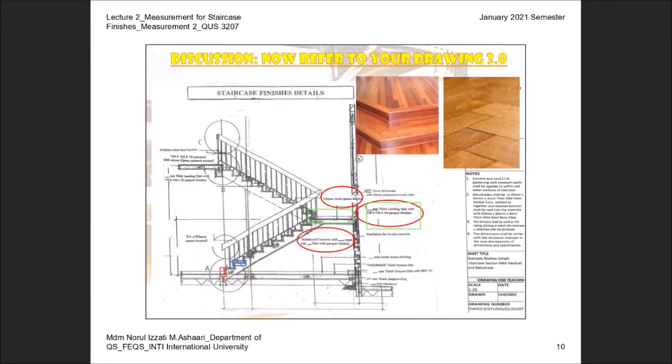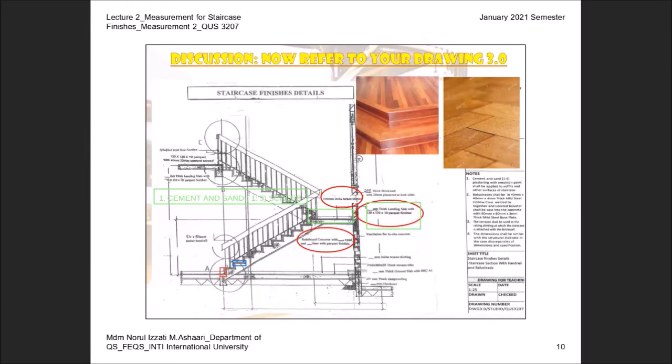If I write again, you can write this one as the first category. We have cement and sand 1:3, screed. Okay, so this is the first grouping. I put this one as the main heading. So how you want to write the description, you can write down here the riser.